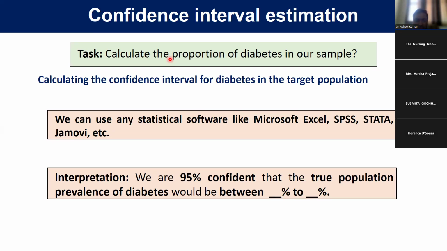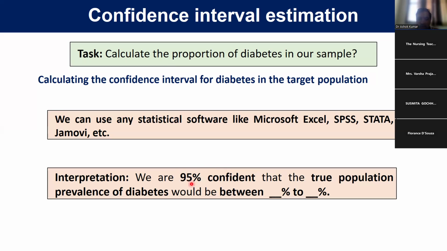Okay, so we can use any statistical software like Microsoft Excel, SPSS, Stata, R, Jamovi, whatever you want. Then we can calculate the proportion of diabetes or any categorical or qualitative variable, and then we can calculate the 95% confidence interval. When we get the 95% confidence interval, we can interpret that we are 95% confident.